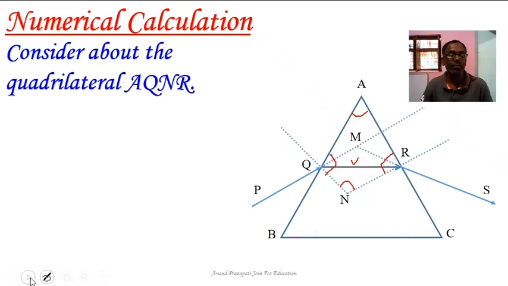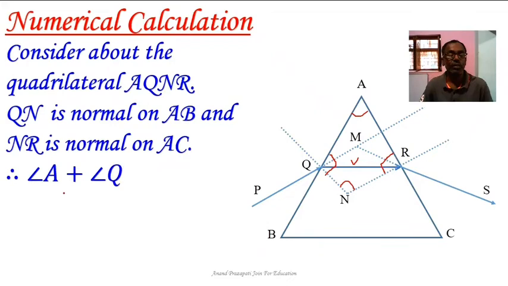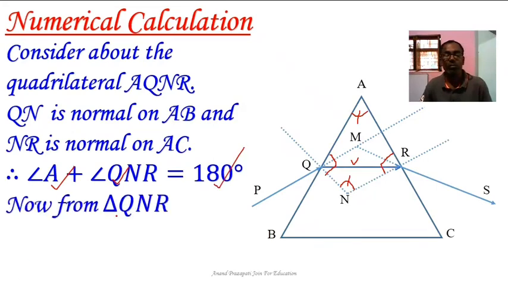QN is normal on AB and RN is normal on AC. Therefore angle A and angle QNR sum to 180 degrees. Now, from triangle QNR, this angle is r1 and this one is r2.